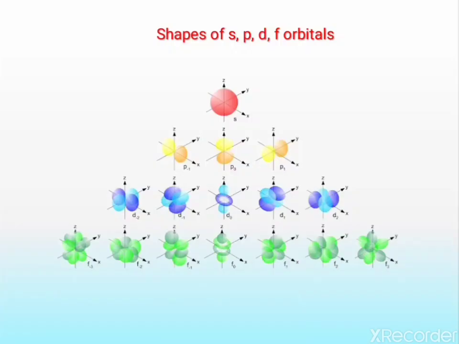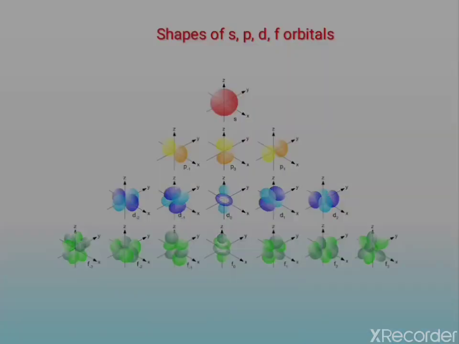Before going to the grouping of d orbitals, we must know about the shapes of s, p, d and f orbitals. You already studied in your previous classes about the shapes of s, p, d orbitals. The shape of s orbital is spherical, p is dumbbell shape and d is double dumbbell shape.